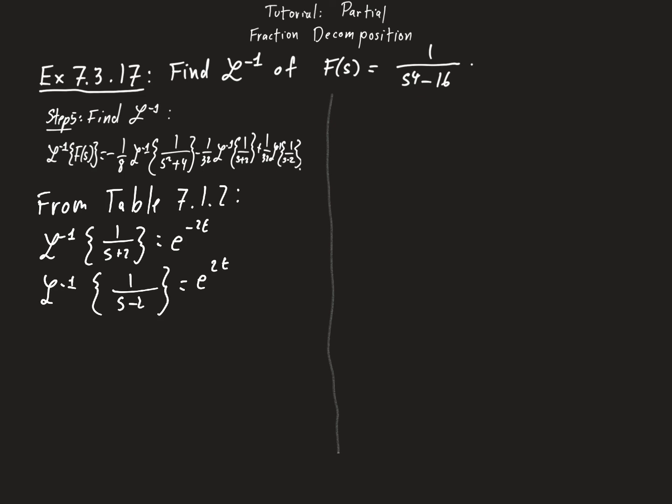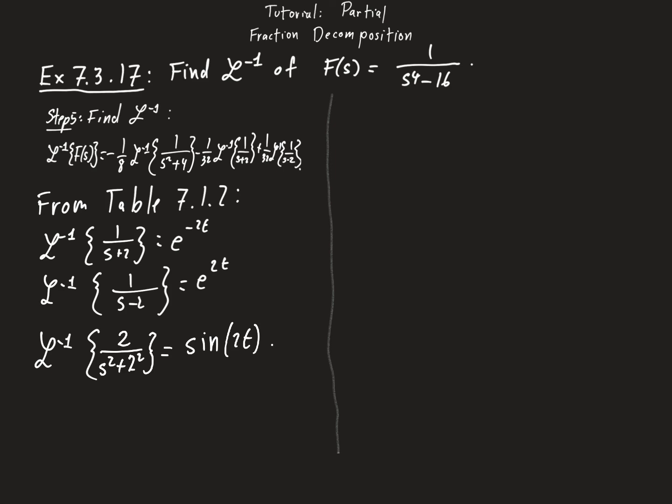Now the problem comes with this first term. We have 1 over s squared plus 4. That does not show up in that table. However, you will notice that there is something very similar that does show up. In the table, you will see that the inverse transform of 2 over s squared plus 2 squared is equal to sine of 2t. Now this is quite similar to that first term that we have.